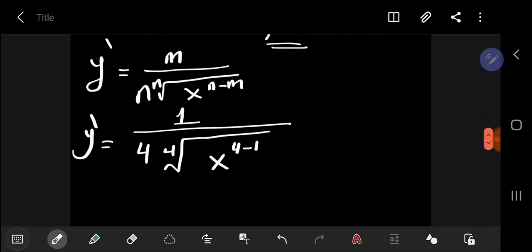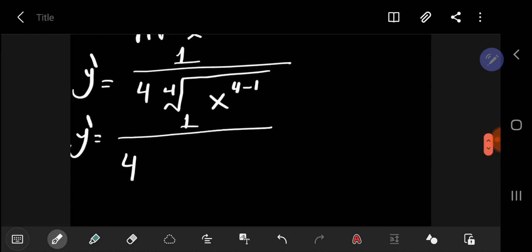Now y prime equals 1 over 4 multiplied by the fourth root, x to the power 3. This is how we solve a variable under a root with a power.